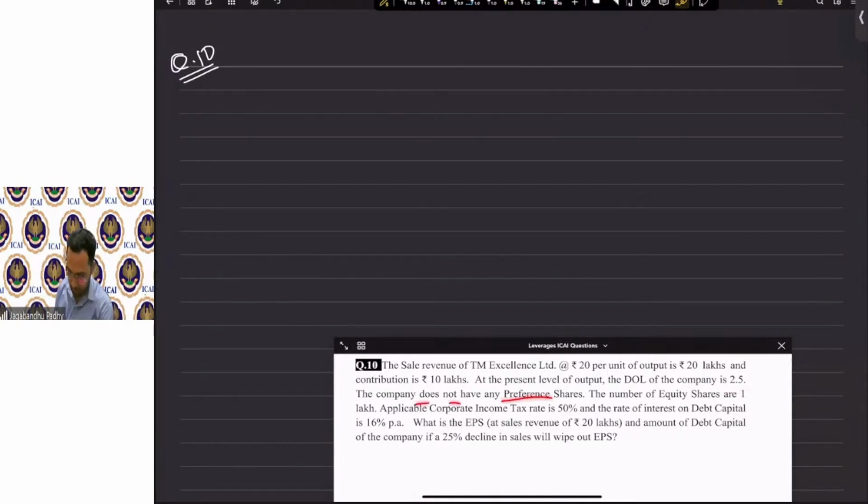Company does not have any preference shares. Number of equity shares are 1 lakh. Applicable corporate income tax rate is 50% and the rate of interest on debt capital is 16%. What is the EPS at sale revenue of 20 lakhs and amount of debt capital? If a 25% decline in sales will wipe out the EPS.